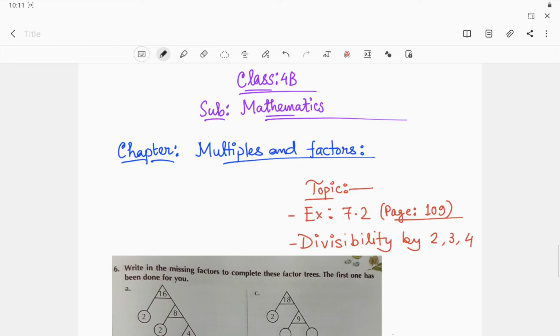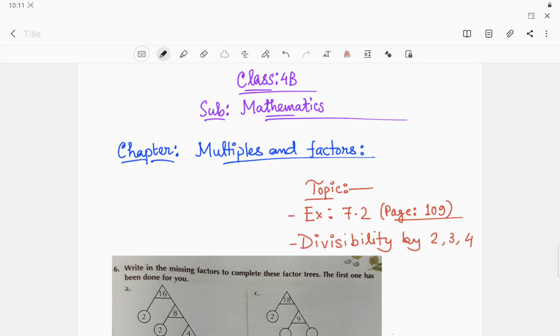That is, today we will find the factors of some numbers. In the previous video we found out the HCF, that is the highest common factor of the given numbers.